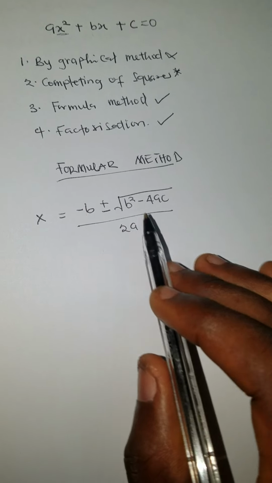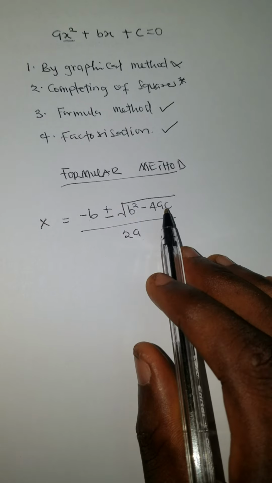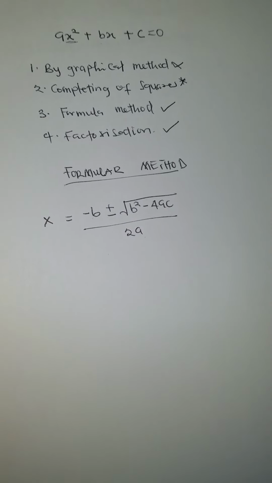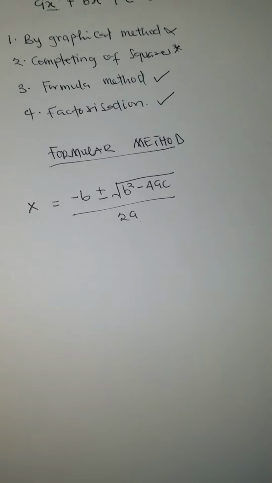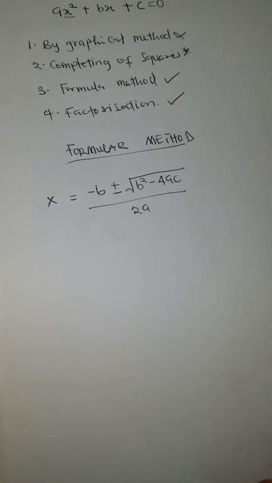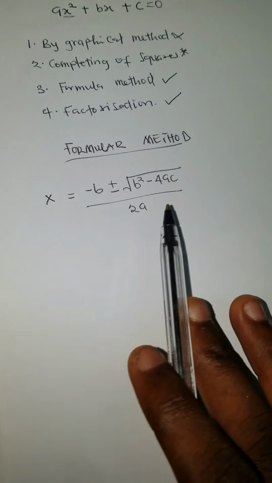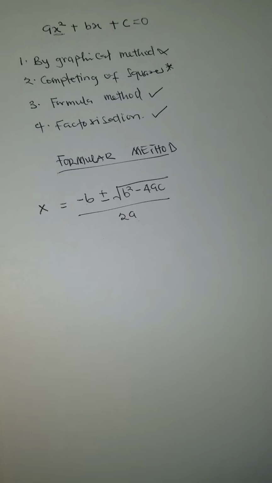Now b is the coefficient of what? x. a is the coefficient of what? x squared. And c is the constant, the coefficient of x raised to the power 0, which is 1. So when you are given a quadratic equation, you just substitute the values into the quadratic formula.